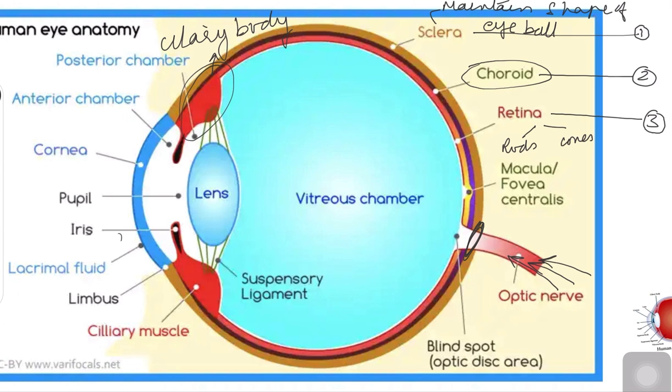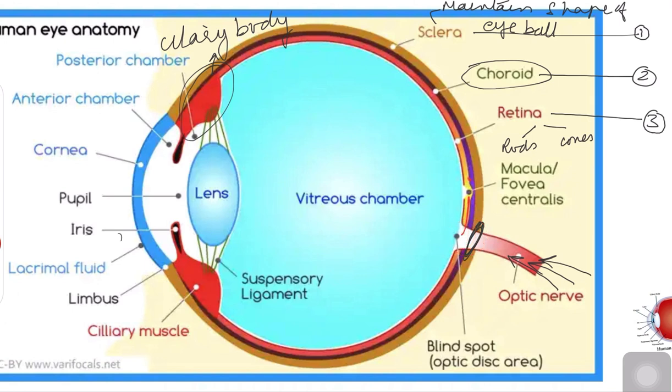Here we have a point called the blind spot. In the blind spot there are no rods and cones, so that means no image can be formed here. There are no photoreceptor cells.